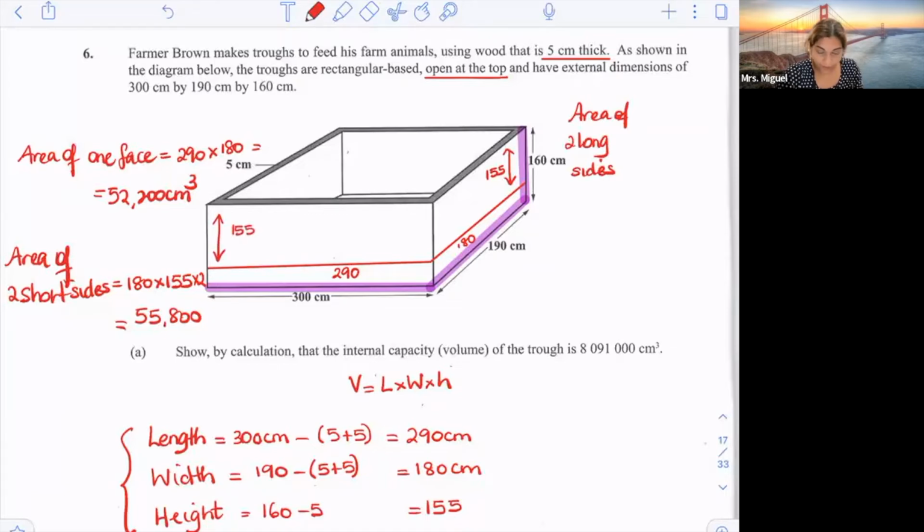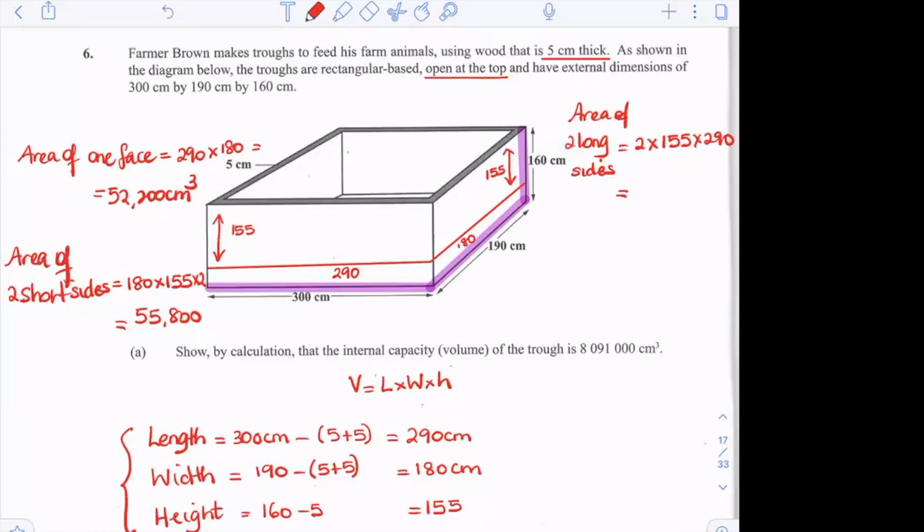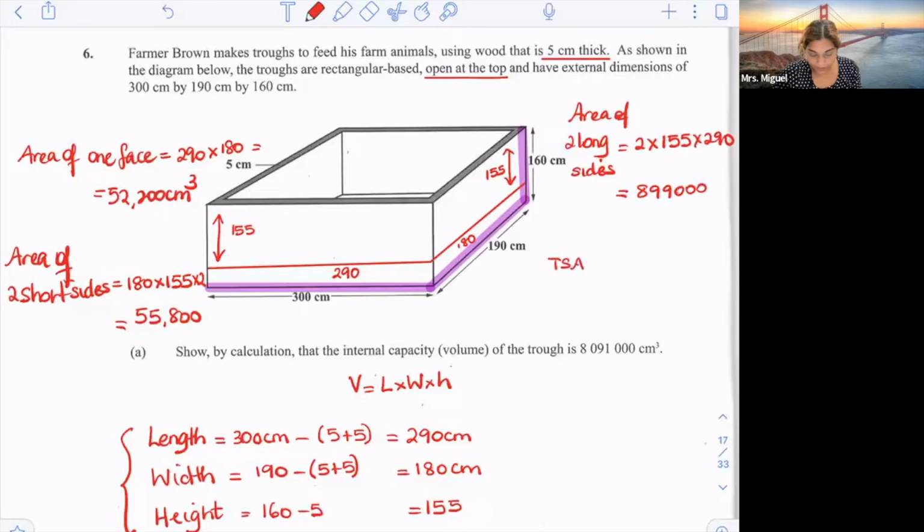So it is 155 by 290 by 2. 89,900. Work out for me the total surface area.